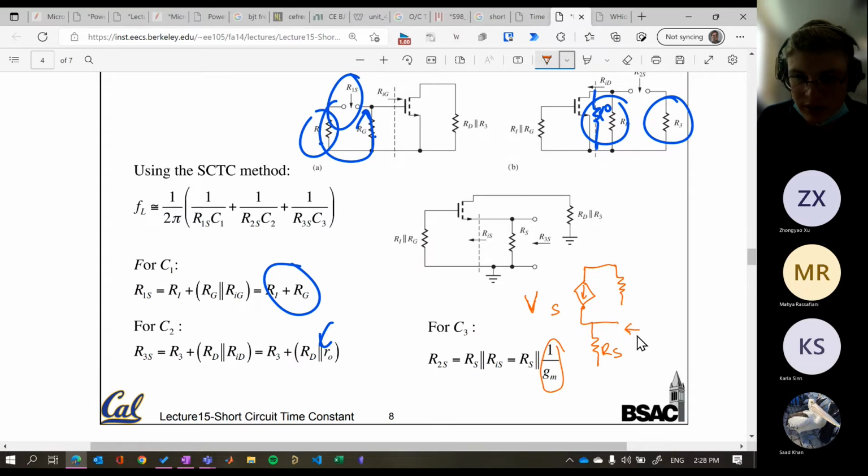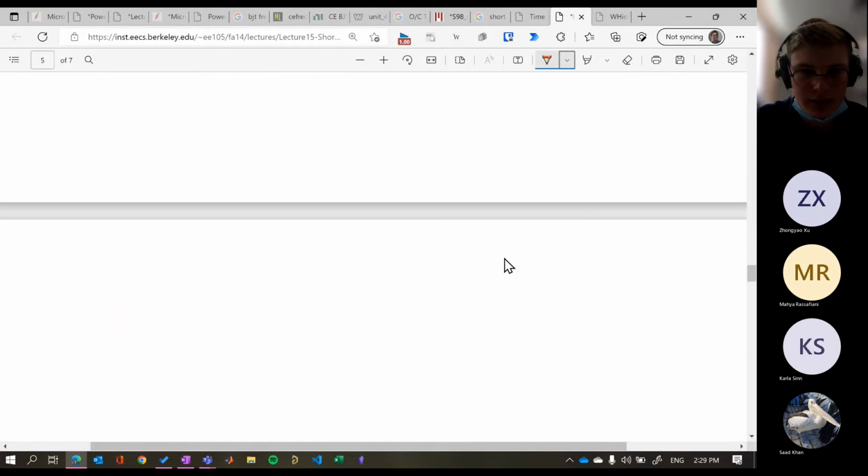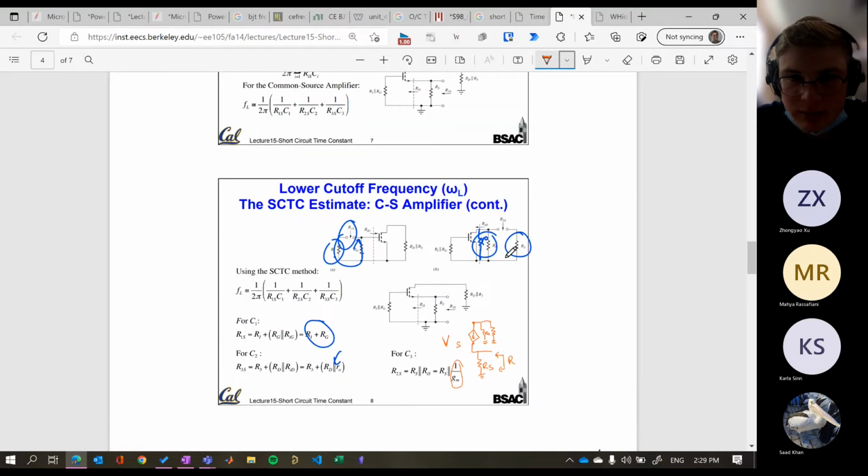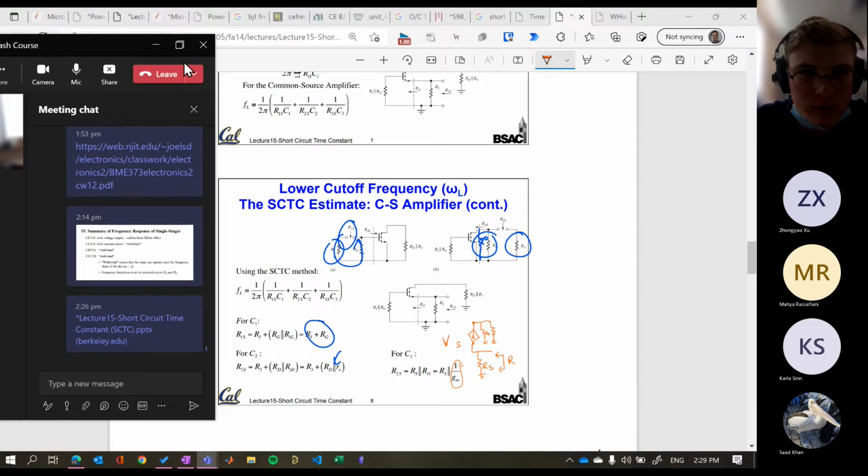And then we want the resistance looking into these terminals. Yeah, I'd have to think about why that is coming out that way. If you have any ideas, please shoot them through.